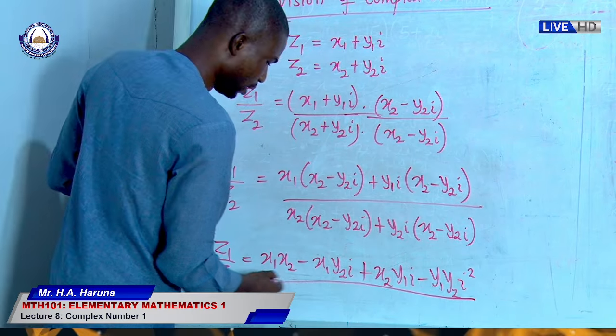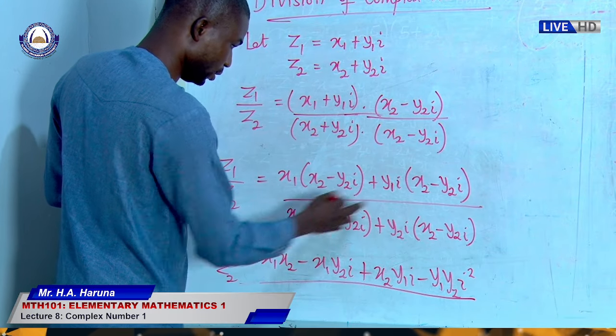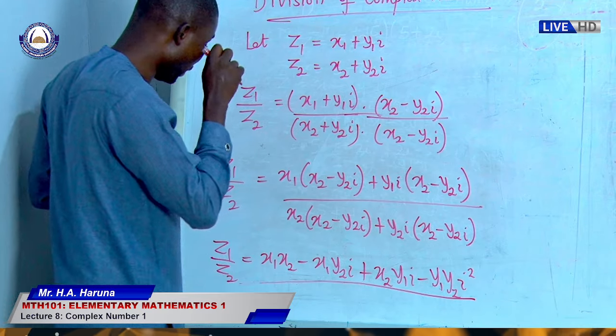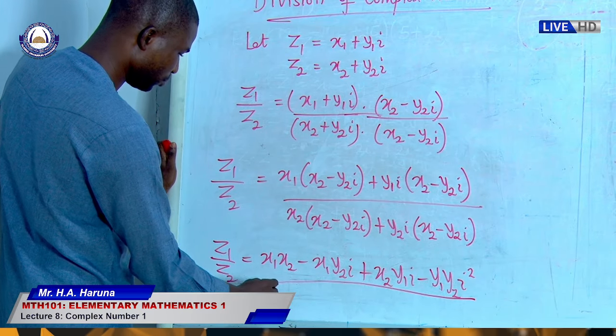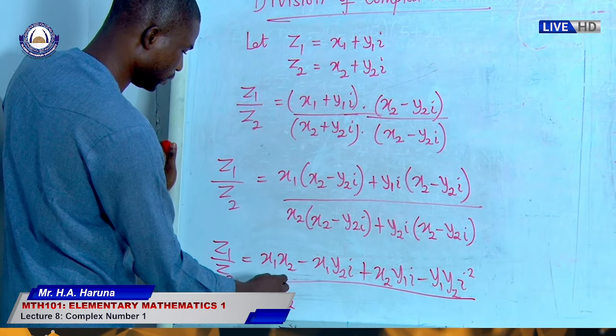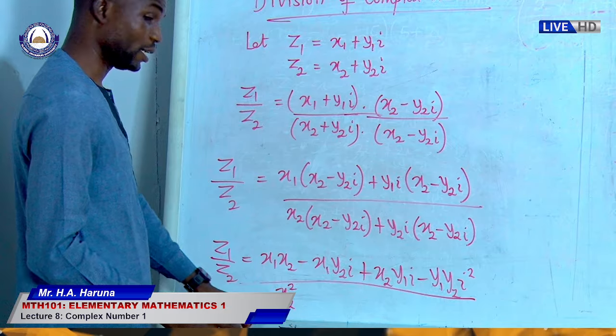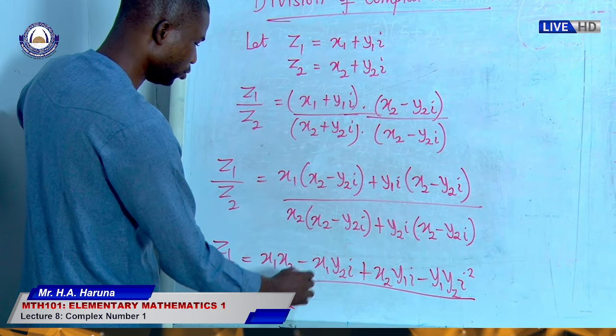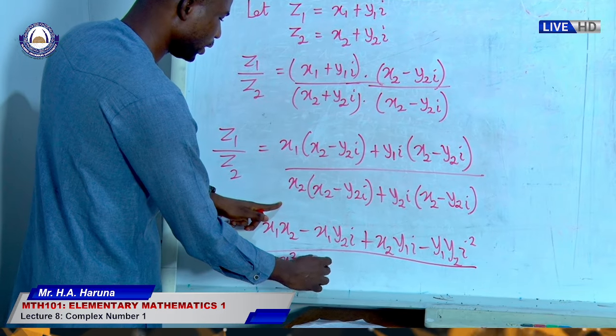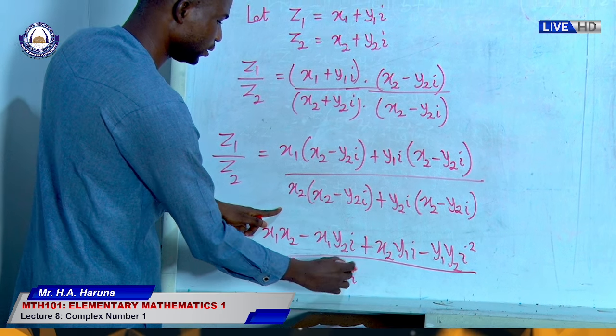So divided by, you know that everything is still there. So you have x2 multiplied by x2. You can say it's x2 squared. Now you have minus x2 y2i.